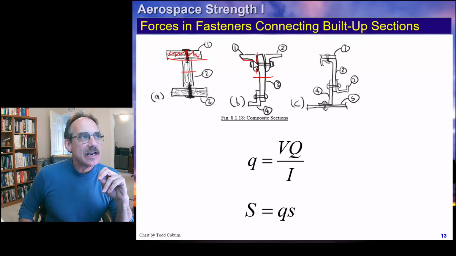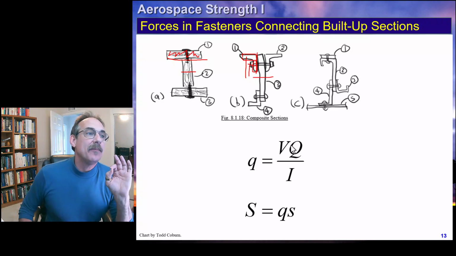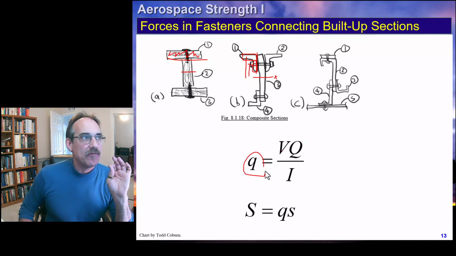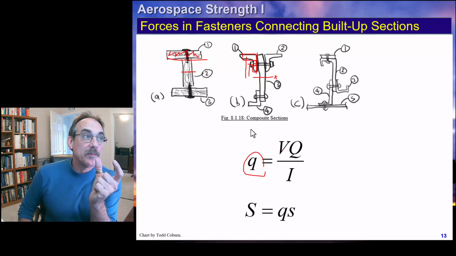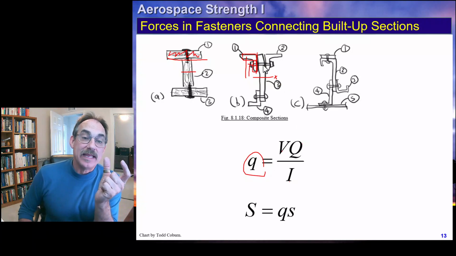So we'd take this area of this part here times its y minus y bar, plus this little area right here times its y minus y bar, and plug that in here with the total shear and the total moment of inertia about this centroidal x-axis. That gives us the shear flow. If we multiply by the spacing of these bolts going into the page, s, that gives us a shear force.